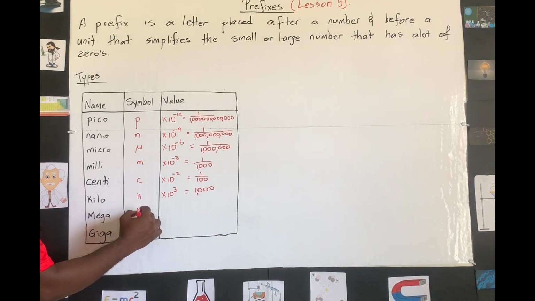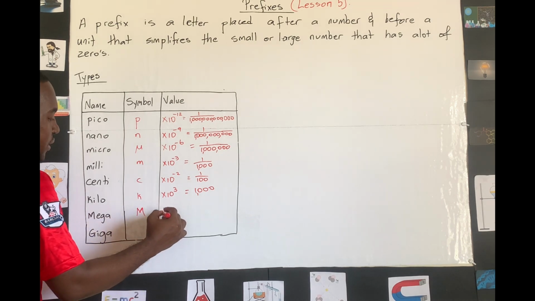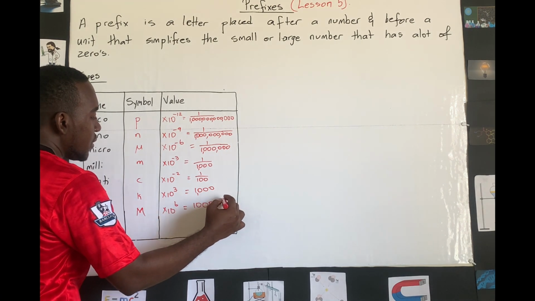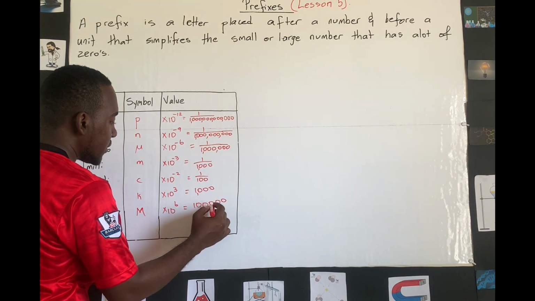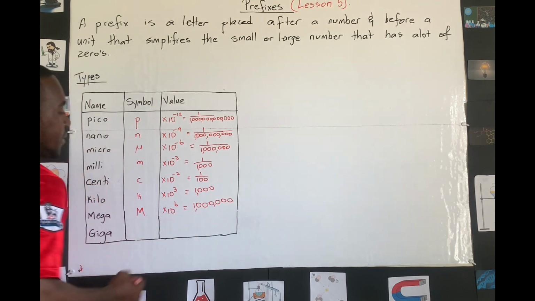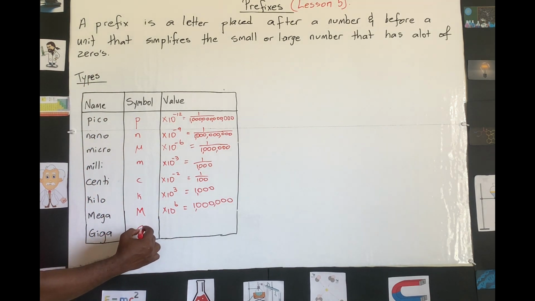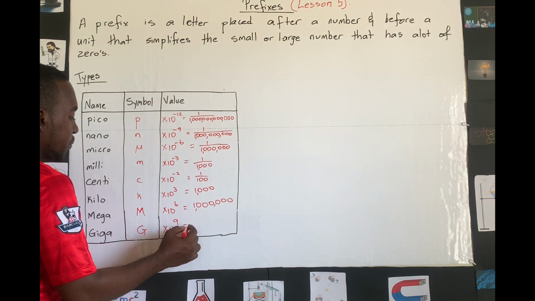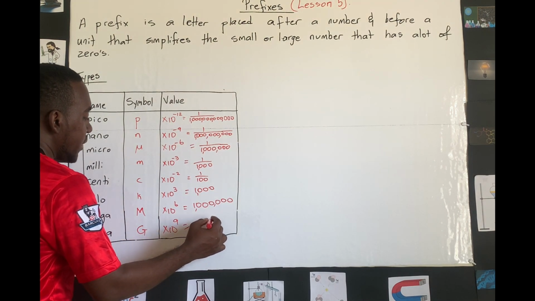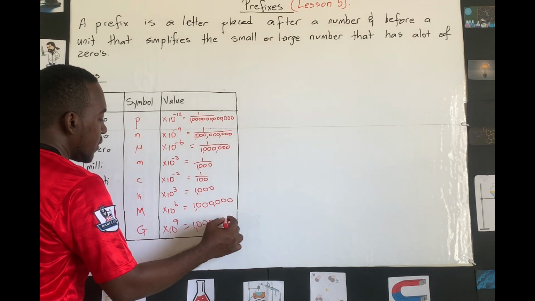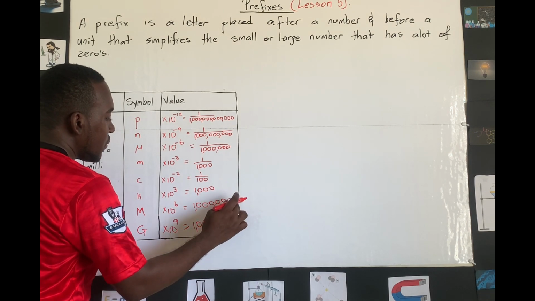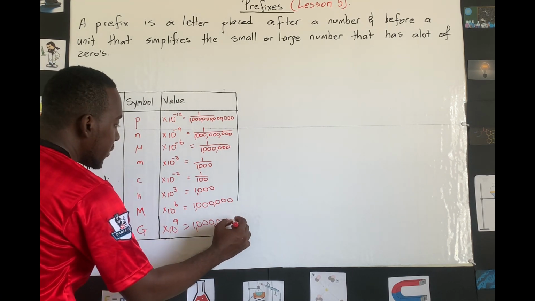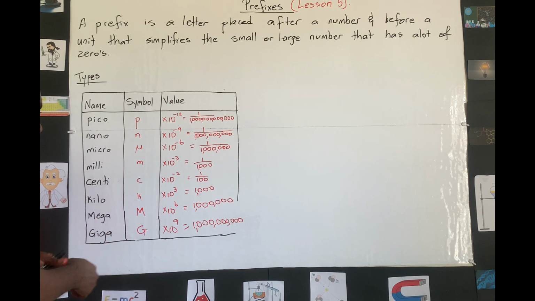And mega, which is a capital M, which is times 10 to the 6, which is a 1 with 6 zeros, which is just a million. And then finally giga, capital G, which is times 10 to the 9, represented by a billion. Alright, so these are your popular prefixes.